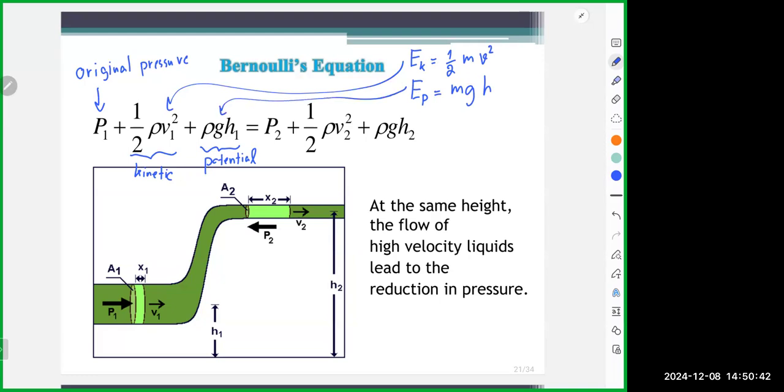Because when you consider the Bernoulli equation, you try to understand the dynamics of fluid in two areas. So there must be the area one, right? This one, this one, this one. And the second area, this one, this one, this one. All remain the same pattern: the original pressure, the kinetic terms, the potential terms.